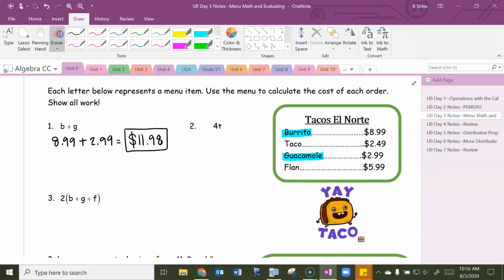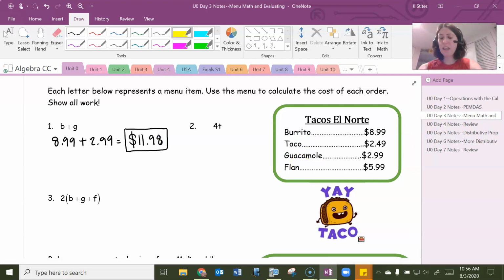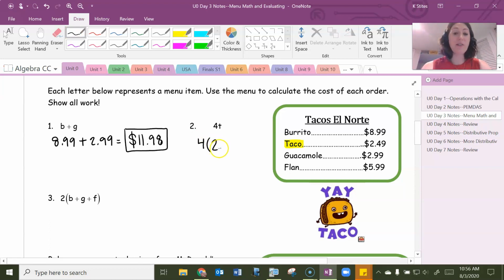All right, so what about 4T? What do you think 4T stands for? 4T stands for just 4 tacos, right? So here are your tacos, and we want 4 of them. So we're just going to take our 4, and we're multiplying it by the number of tacos we are getting.